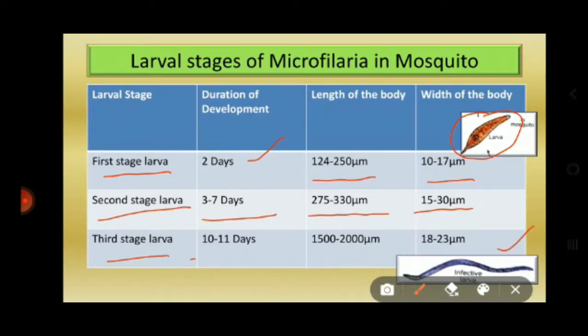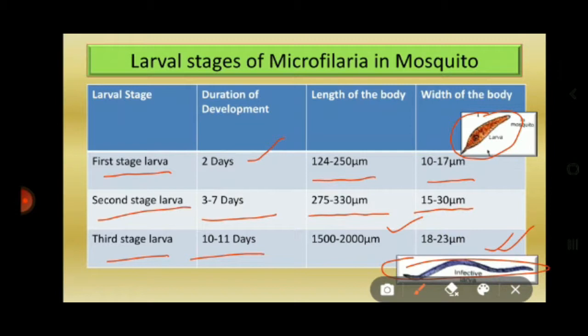And you can see this is the third stage larva. Its developmental duration is 10 to 11 days, and it is very elongated and measures about 1500 to 2000 micrometers in length and 18 to 23 micrometers in breadth. And this is actually the infective larva, which is ready to be transmitted to the new host.